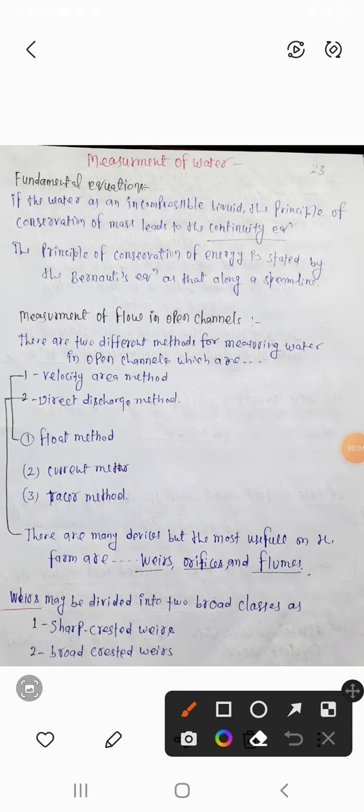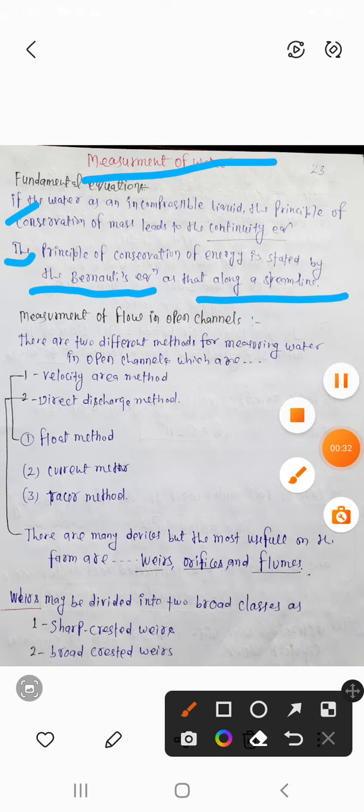Today in this video we will discuss measurement of water. In measurement of water, first we should know 2 points in fundamental equation. First point is, if water is an incompressible liquid, the principle of conservation of mass leads to the continuity equation. And second point is, the principle of conservation of energy is stated by Bernoulli equation along a streamline.